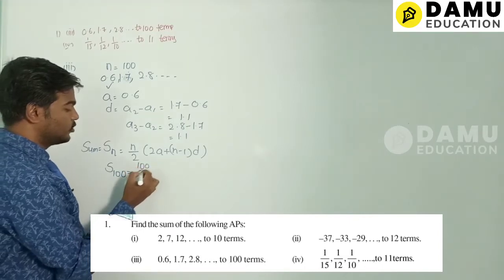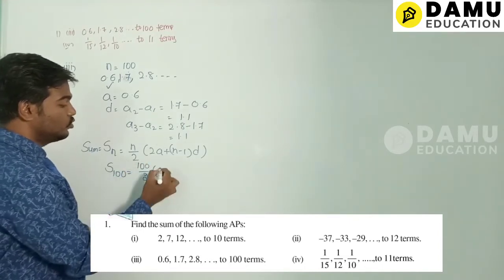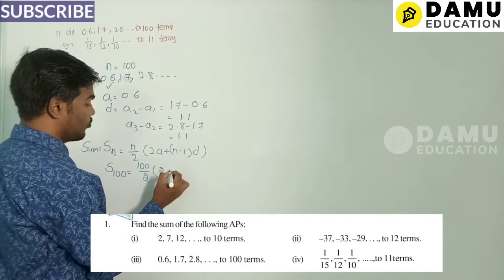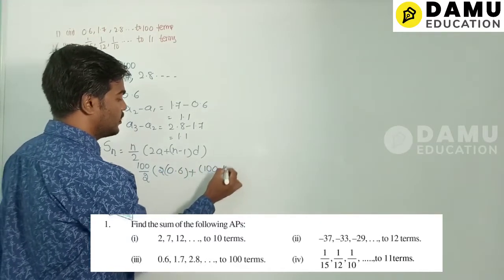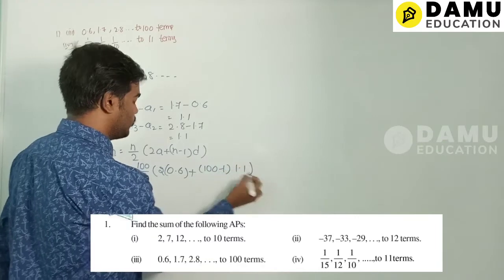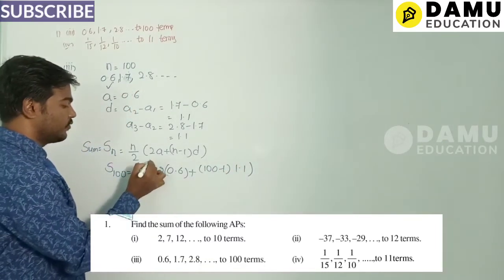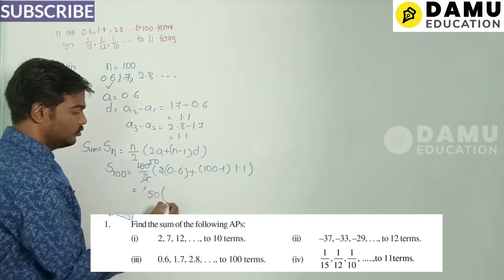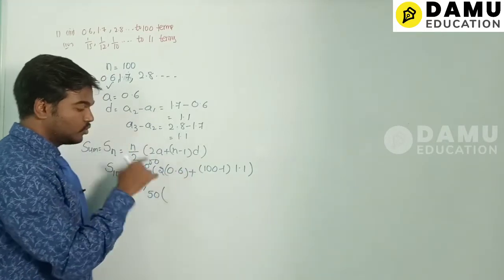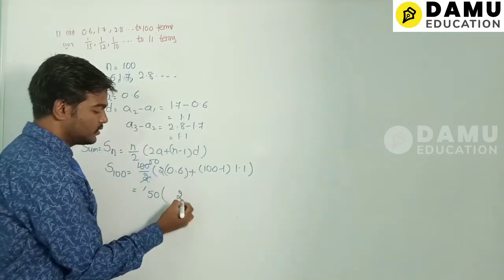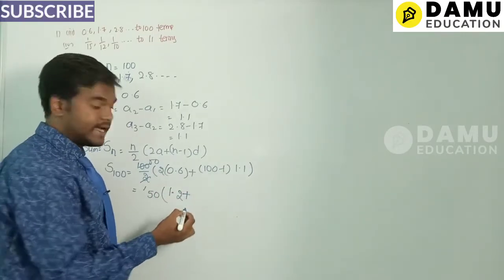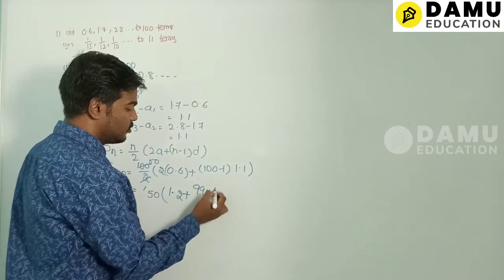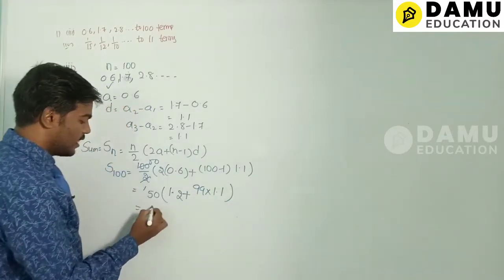So 100 by 2 into 2 into a, which is 0.6, plus n is 100 minus 1 into d, which is 1.1. Two 50s are 100, so 50 into 2 into 0.6, that is 1.2, plus 100 minus 1 will become 99, 99 into 1.1. What value will we get?